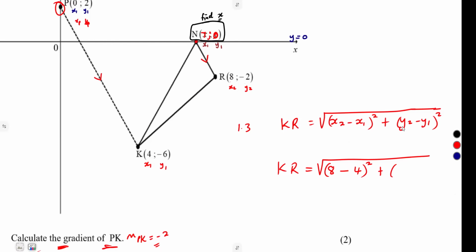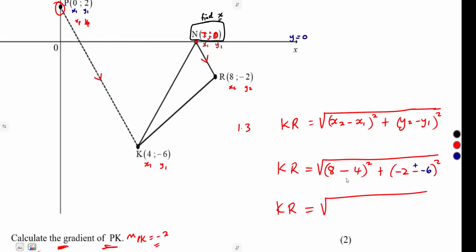Let us have the y values. Y2 is negative 2 minus y1, which is negative 6. So that's negative 2 plus 6 that you're going to have there. Then we're going to square this. Negative is going to be a positive.